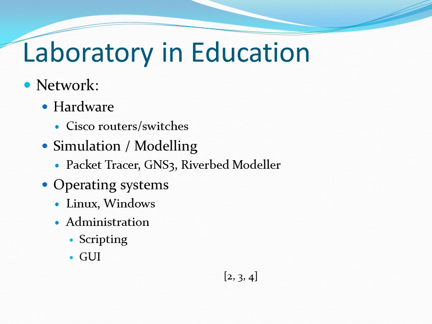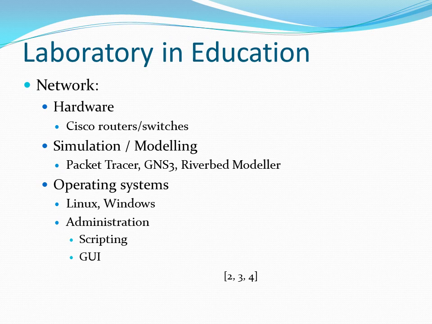We can also connect the computers to Cisco routers and switches and ASA appliances, but we also do use simulation and modelling software such as Cisco Packet Tracer, GNS3, that's Graphical Network Simulator, and also Riverbed Modeler.